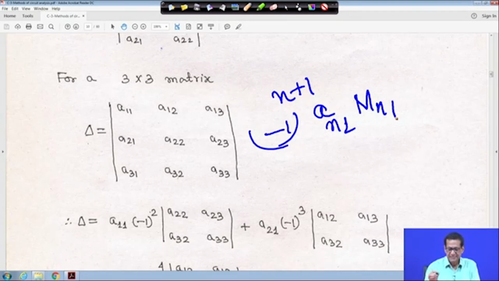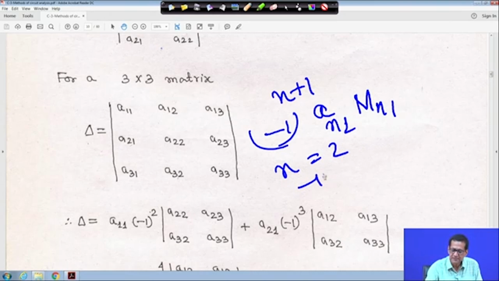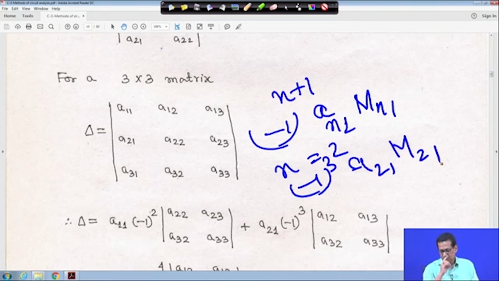Now, in this case second term n is equal to 2, that means it is minus 1 to the power 3, then a 2 1, then m 2 1, right. So, minus 1 to the power 3 means it is minus.